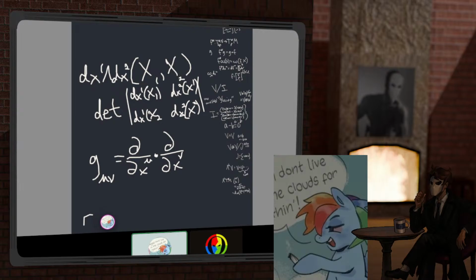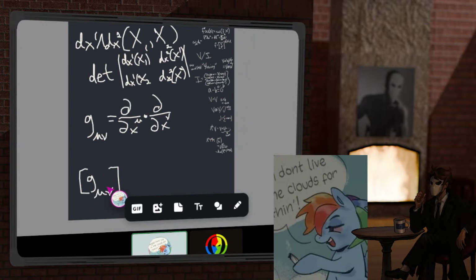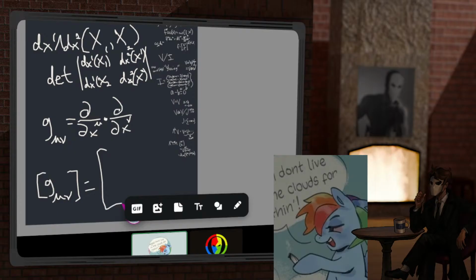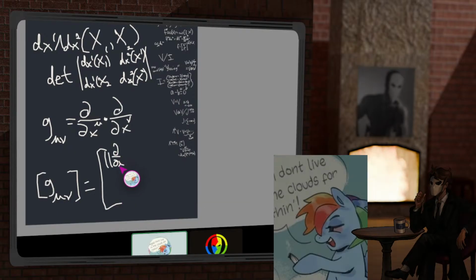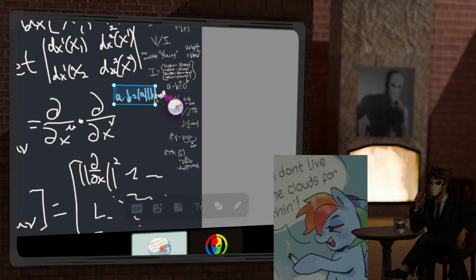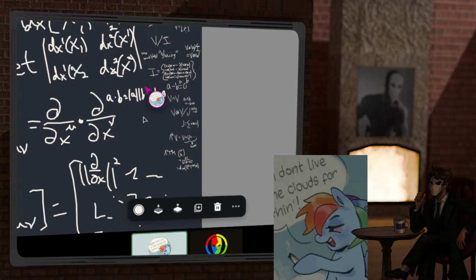If you have the matrix of all the components, then you essentially have the magnitude of each basis vector squared, and other intermediate values that give, using a dot b equals magnitude of a times magnitude of b times cosine theta, where theta is the angle between them, the angles between your basis vectors pointwise.